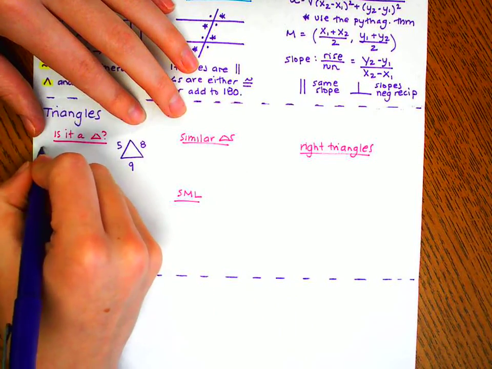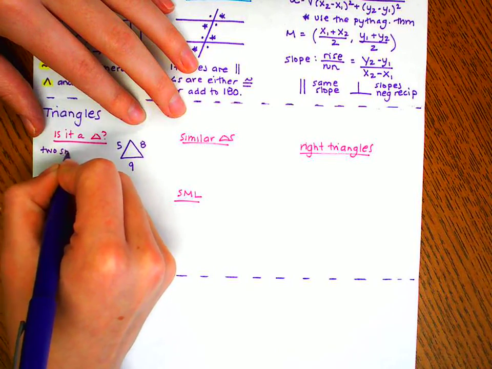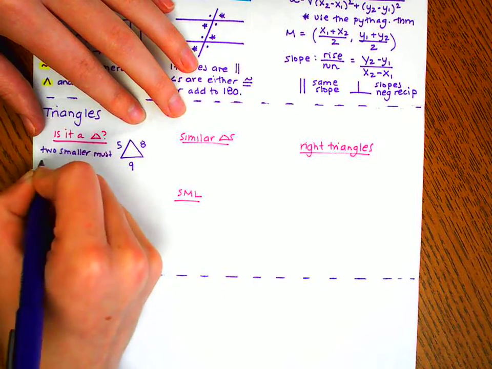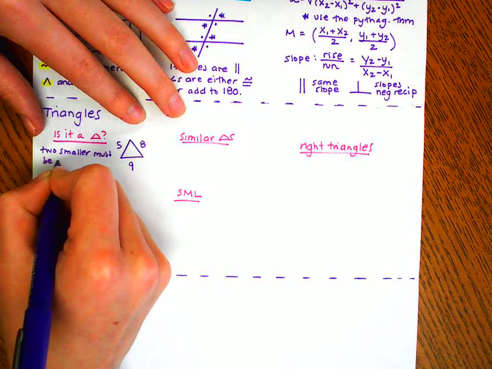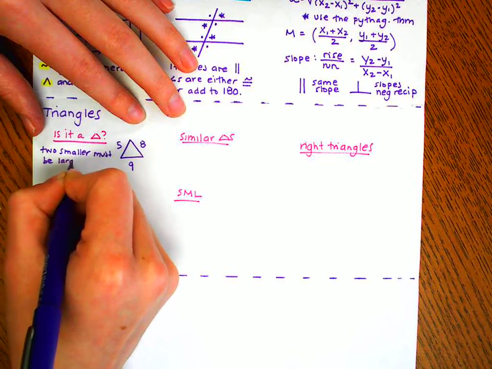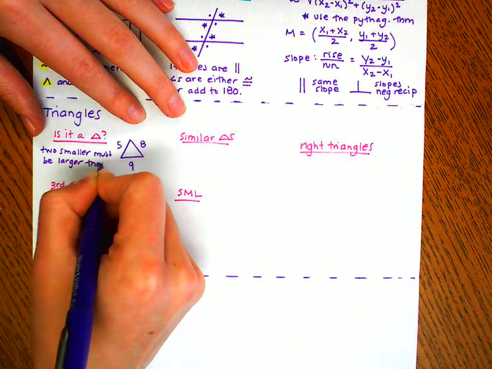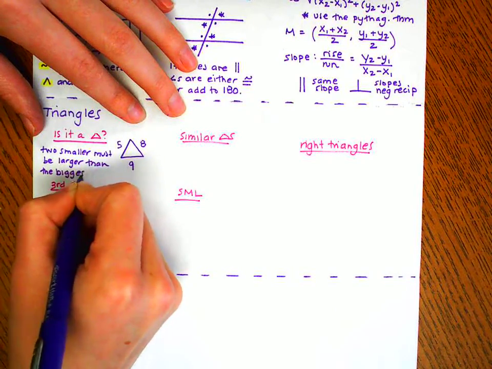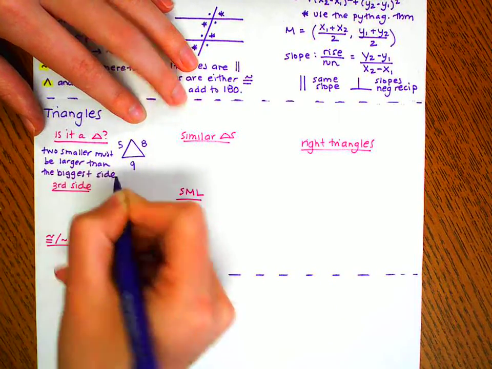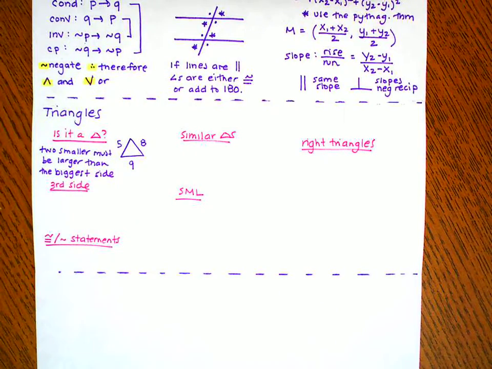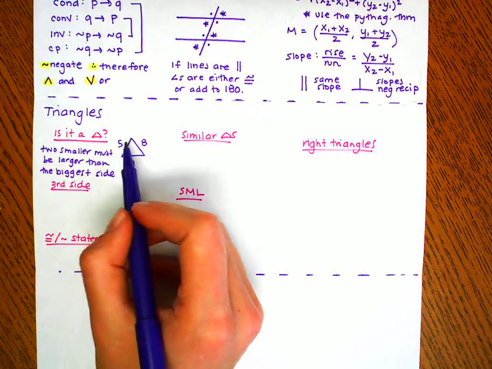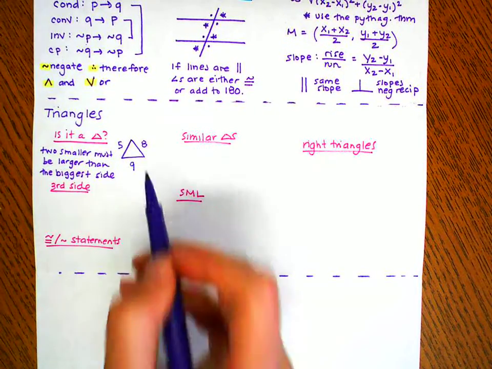So I'm going to say the two smaller sides must be larger than the biggest side. So 8 and 5 together, the two smaller ones, add up to more than 9, because that's 13. 13 is bigger than 9.